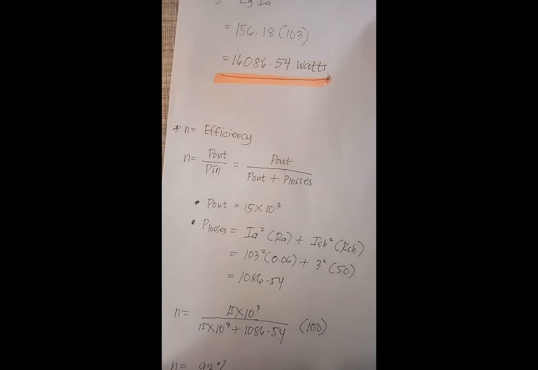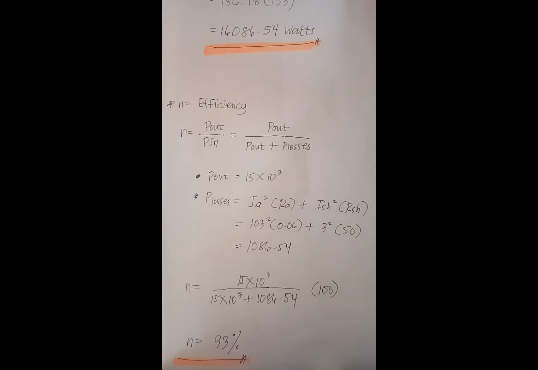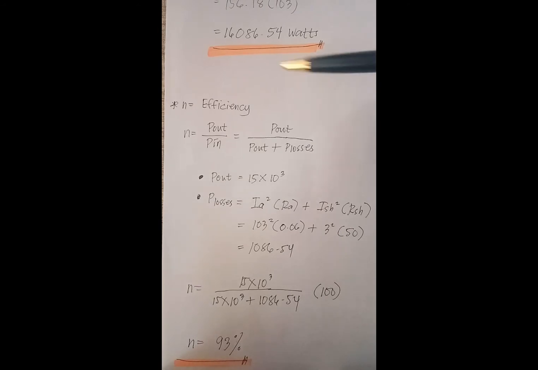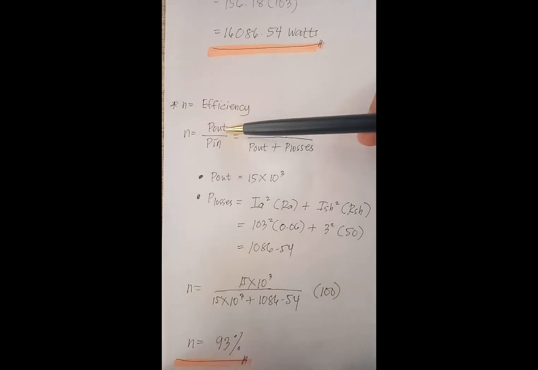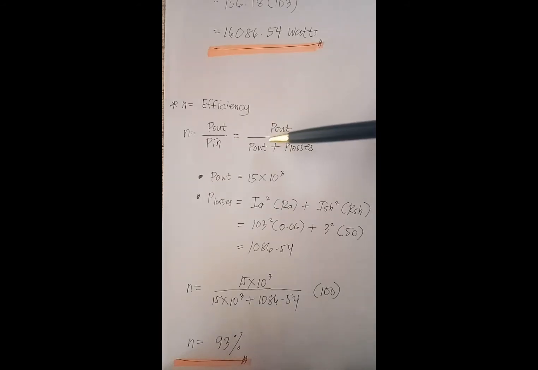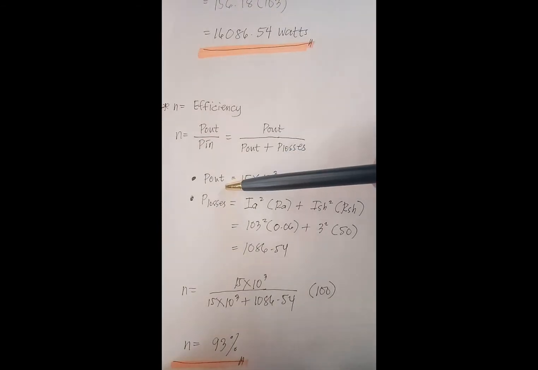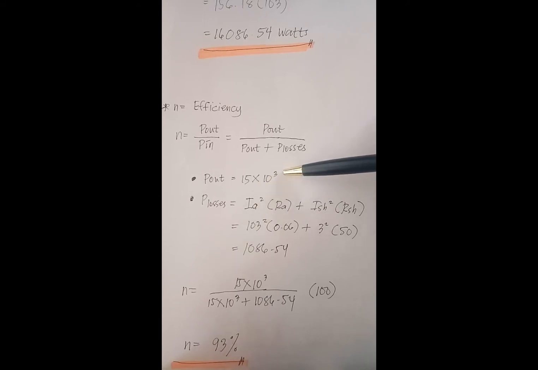Next we are going to calculate the efficiency of our generator. Given the formula of the efficiency, P out over P in, equal to P out over P out plus P losses. Given that we already have the value of the P out, which is 15 times 10 to the power of 3, we are going to calculate the value for the losses.